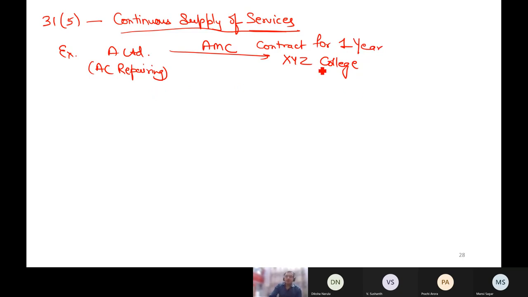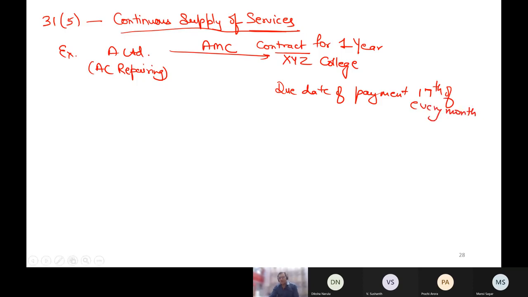The point was, in this contract it is mentioned that the due date of payment will be the 17th of every month. So work will go on and payment will continuously come regularly. So the 17th of every month is the due date.